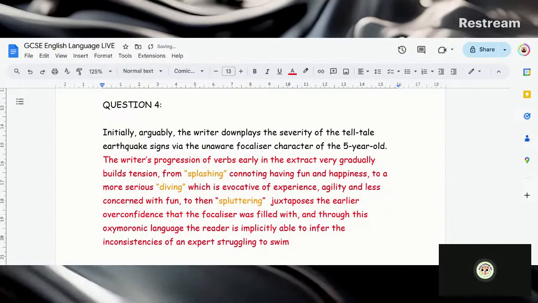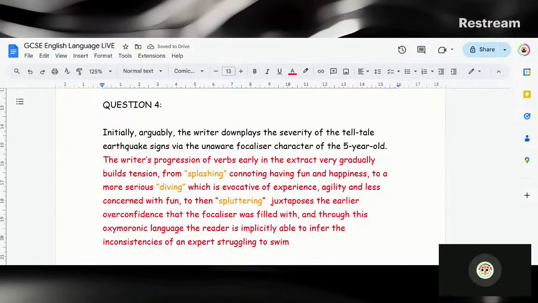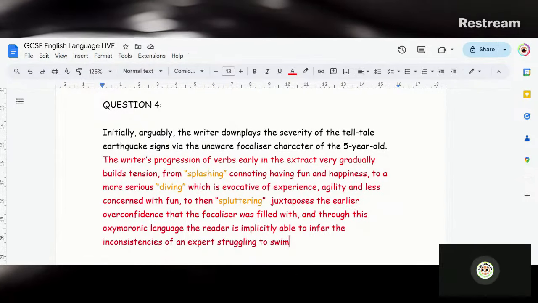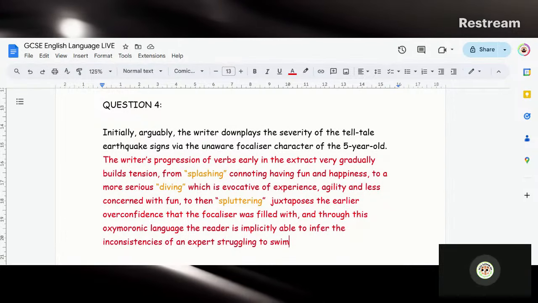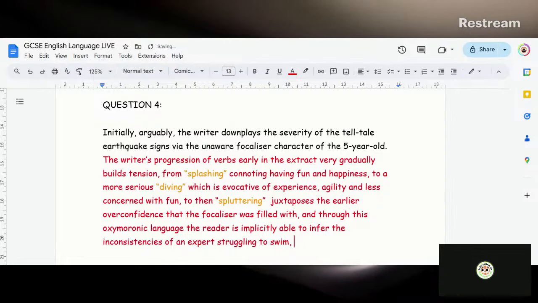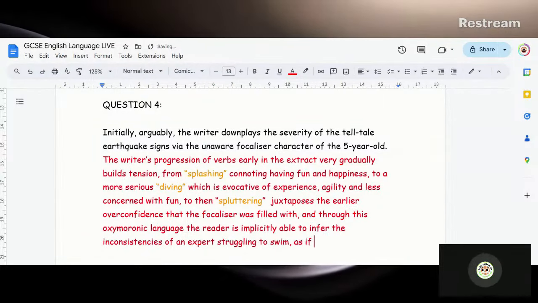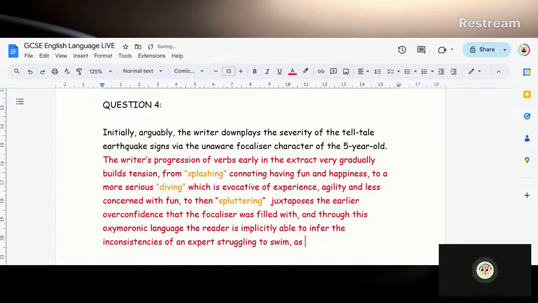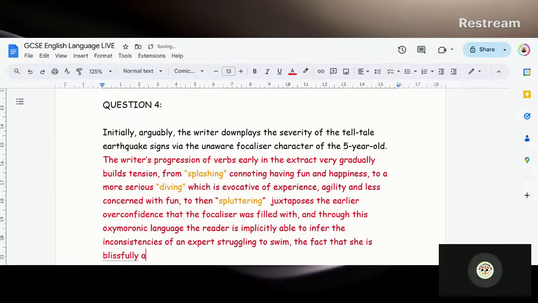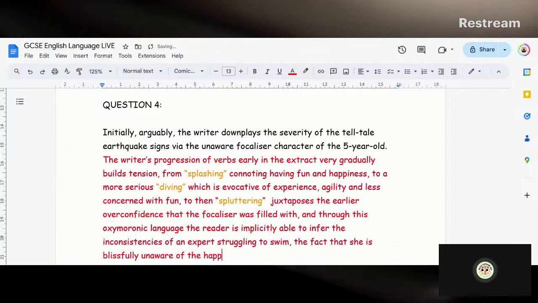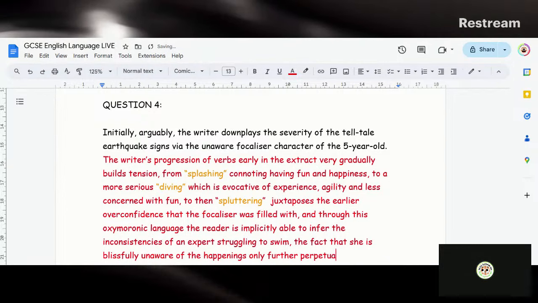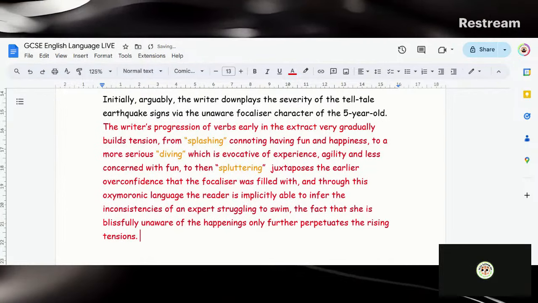We're secretly told that an expert is struggling to swim, and this is ringing alarm bells for maybe adults or people who are more observant of the telltale signs. And the fact that she's struggling to do it is more indicative of the wider idea that there is an earthquake happening. As if she is, oh no, and the fact that she is blissfully unaware of the happenings only further perpetuates the rising tensions.